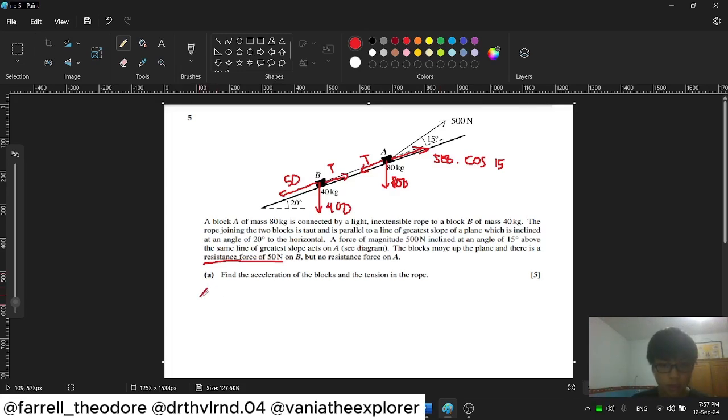So first we will be doing A, using the formula summation F, or sigma F, sigma of force is equal to mass times acceleration. So A is 500 cos 15 minus 800 sine 20 minus tension is equal to 80 times acceleration.